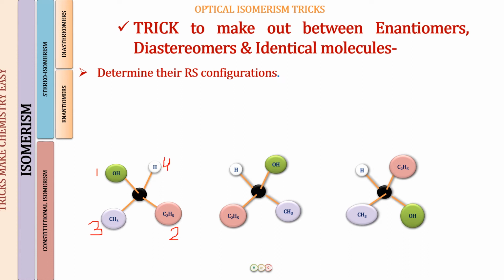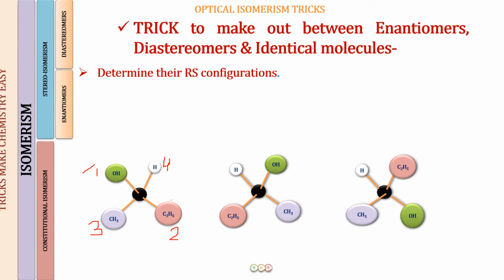When I number these groups according to the priority order of atomic number, I find that the OH group is group number 1, C2H5 is group number 2, CH3 is group number 3, and hydrogen is group number 4. Group number 4 should always be backward, away from us, from the plane.